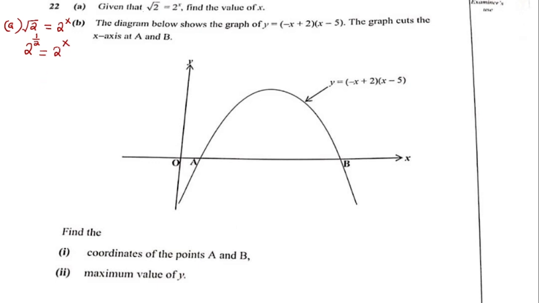Therefore, we're able to see that the base is the same, so that means the powers should also be equated. Our x will be 1 over 2. Okay, that one is coming from a topic called indices. That's where that question is coming from.